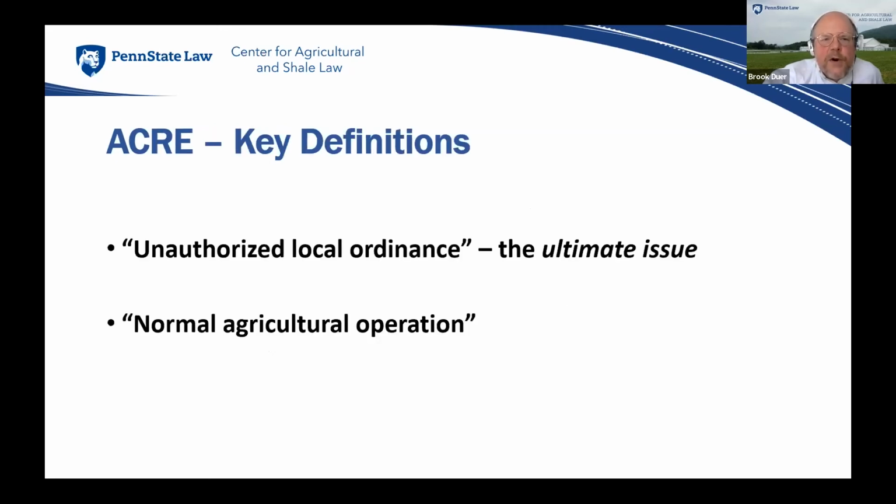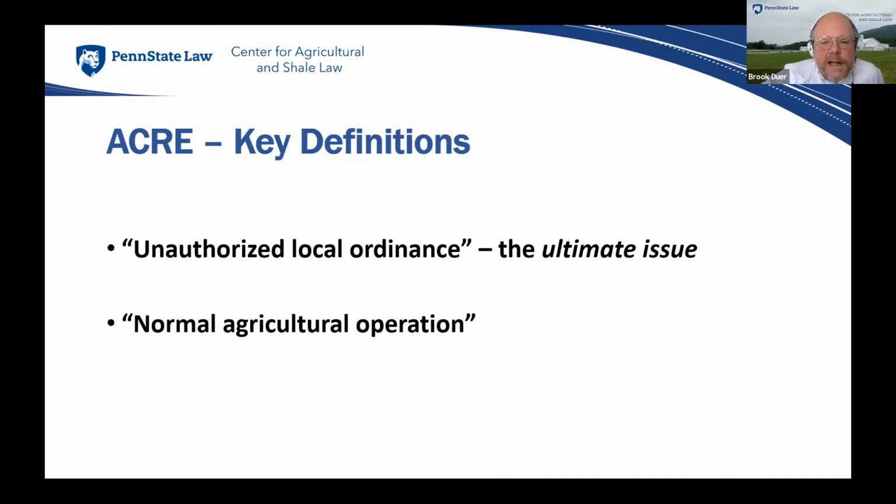So you have these two terms of art. And again, whether in fact a local ordinance is unauthorized is essentially, using litigation concepts, the ultimate issue in a case or in a claim. The Attorney General's involvement, as we'll see in a minute, is all essentially them expressing their opinion on the unauthorized local ordinance. Is it one, or is it not one?